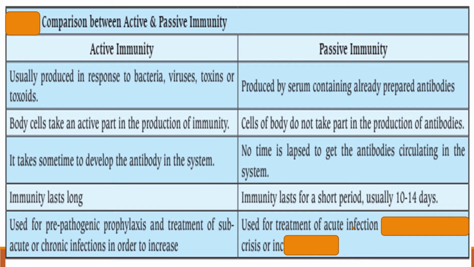It takes some time to develop the antibody in the system. Immunity lasts long, used for pre-pathogenic prophylaxis and treatment of subacute or chronic infections in order to increase the immunity.